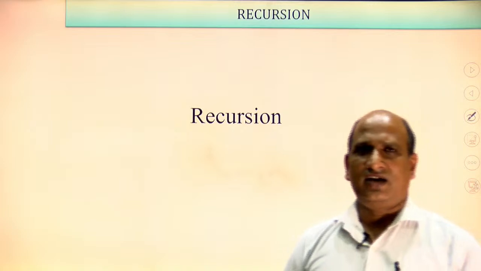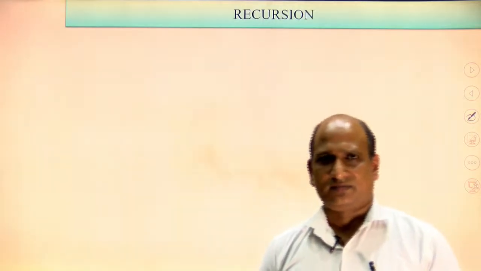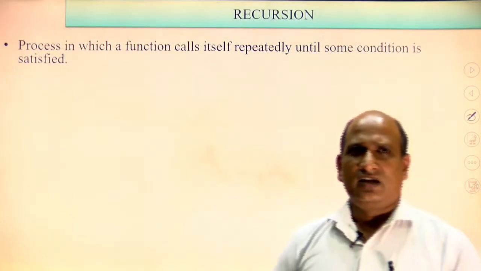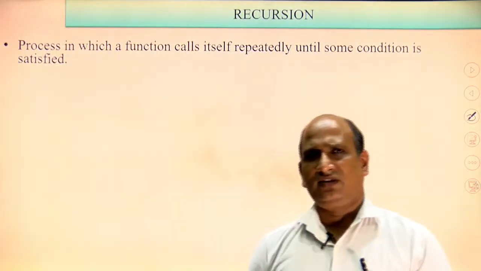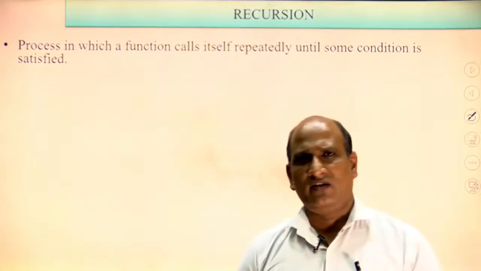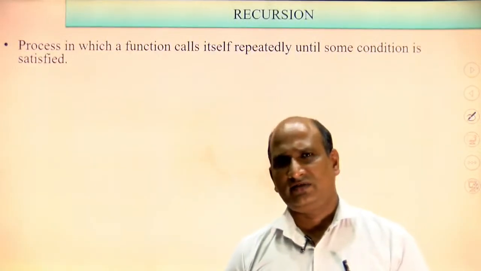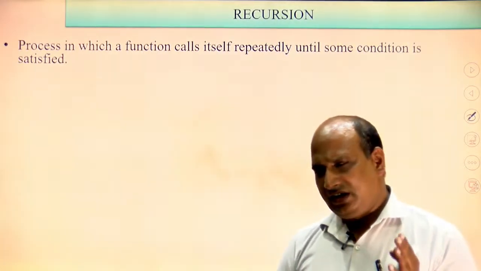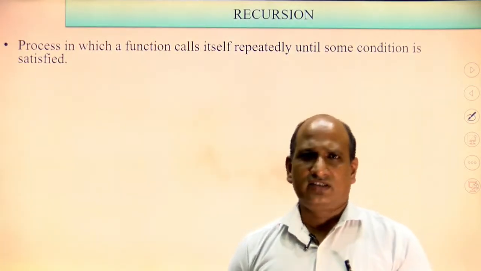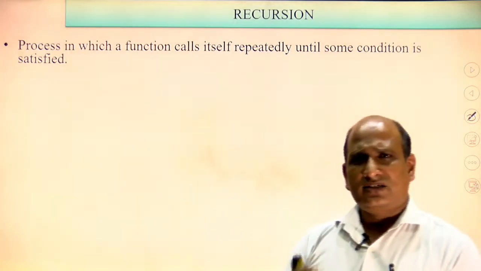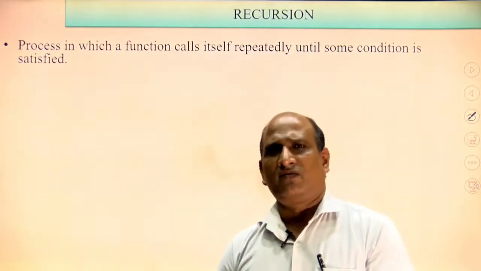So, let us start with what recursion is. Recursion, as the definition says, is a process in which a function calls itself repeatedly until some condition is satisfied. It means that in recursive calling, the function is called by itself within its body with some smaller value.